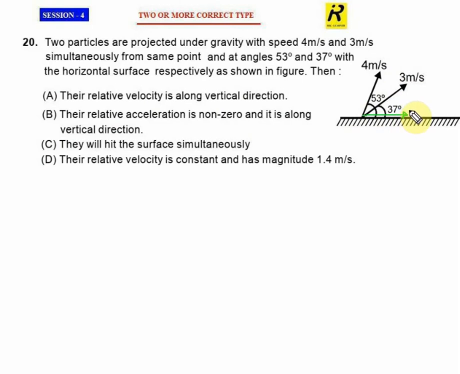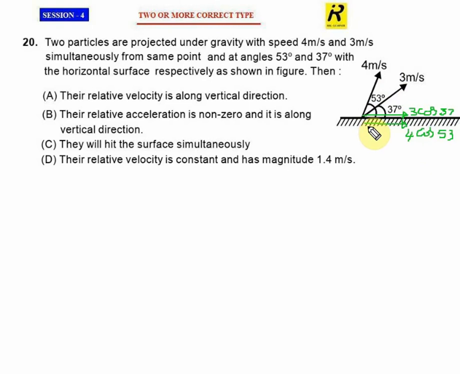One is 3 cos 37, and another one is 4 cos 53. These two are the horizontal components of the velocities 3 meter per second and 4 meter per second.